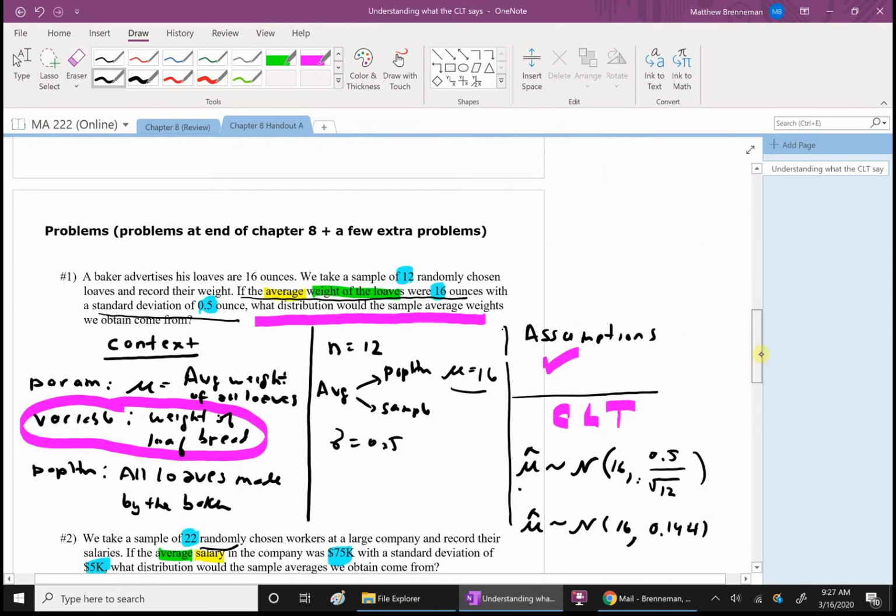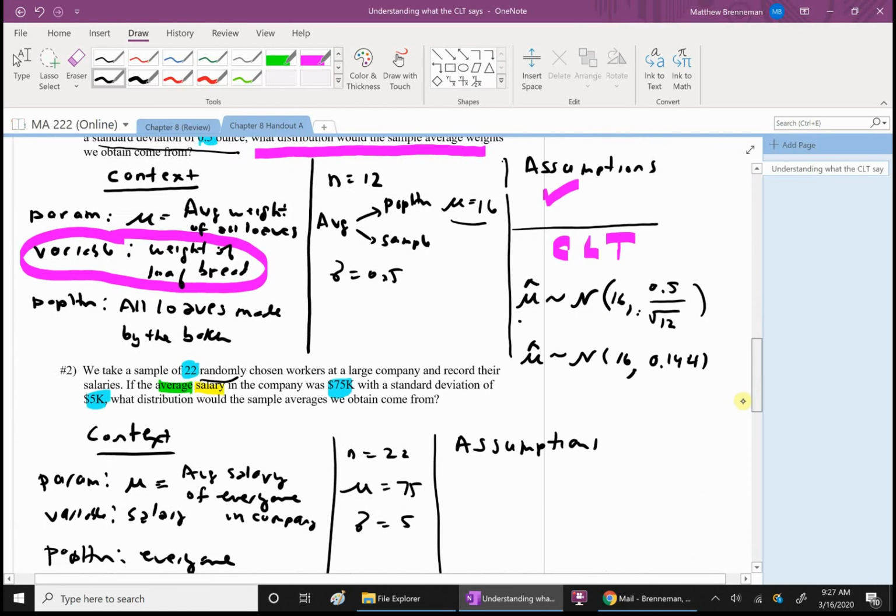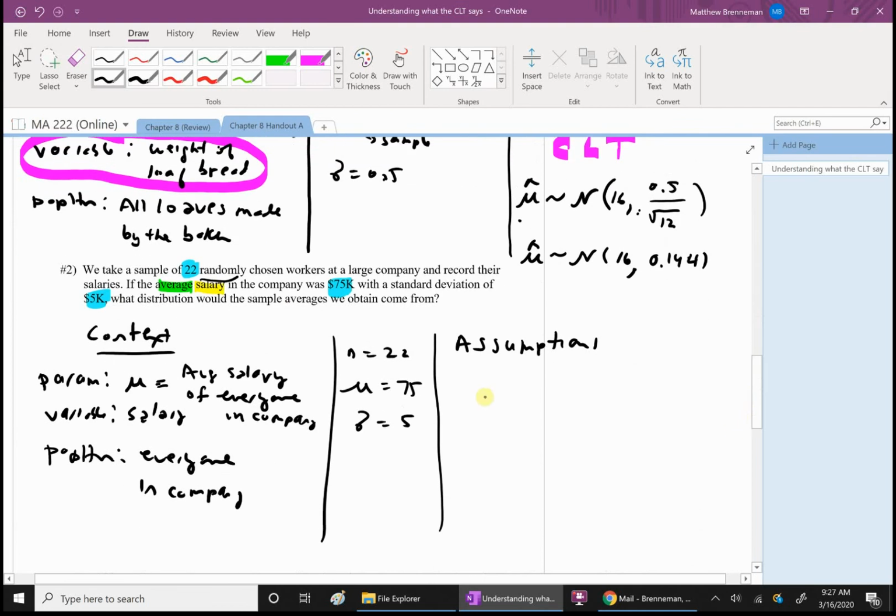And notice they don't fall into any of these classes. In fact, we know that salaries generally have a right skewed distribution. They're generally not normal. So we don't satisfy the assumptions of the central limit theorem. We neither have a sample that's large enough nor a variable that has a normal distribution. So bottom line, we can't do the problem.